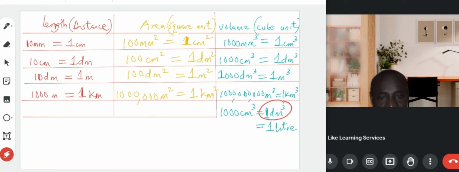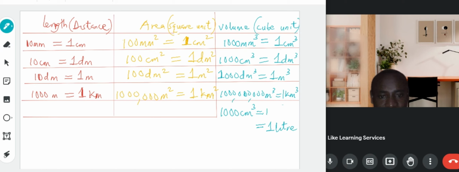So 1 decimeter cube is the same thing as 1 liter. 1 decimeter cube, which is actually 1,000 centimeter cube, is the same thing as 1 liter. You need to take note of that because most common unit measurements work in liters, although the SI unit for scientific measurement is the meter cube.